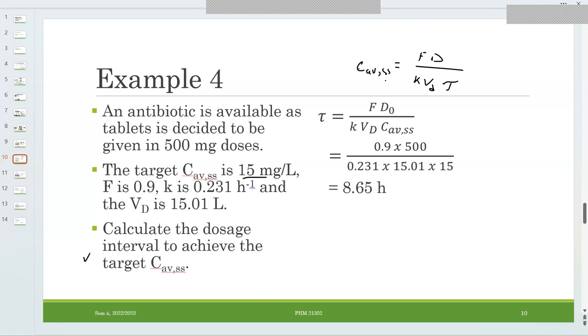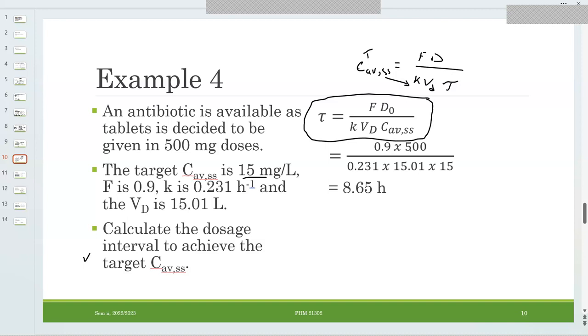You want to calculate tau, so you take tau to the other side and you take this C average down there, so tau will be equal to F dose divided by K VD C average. That is just the rearrangement of the same equation.